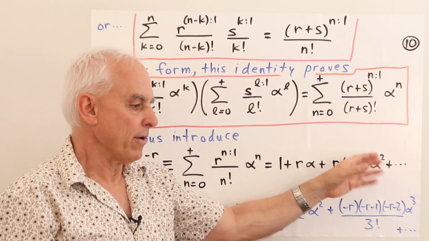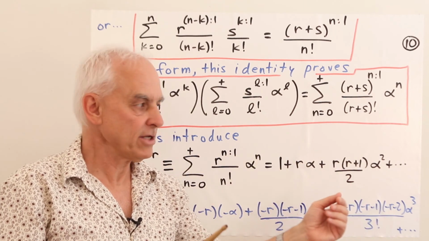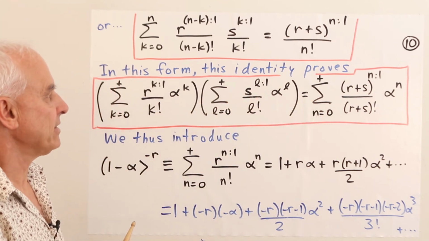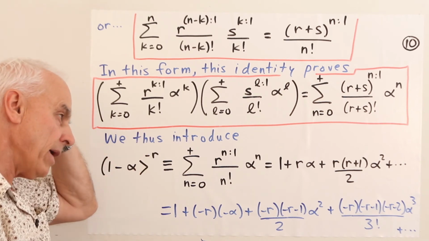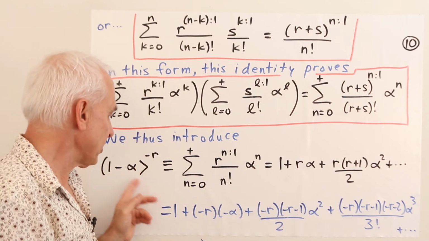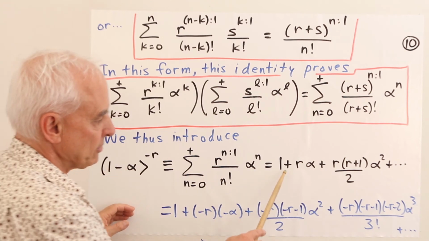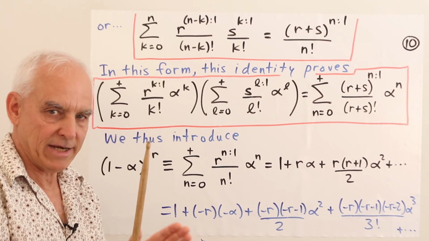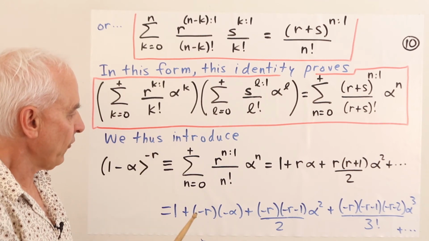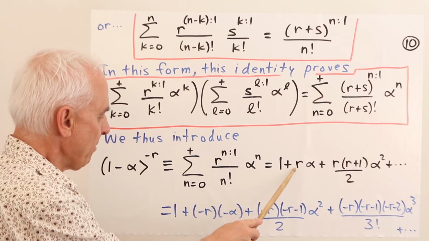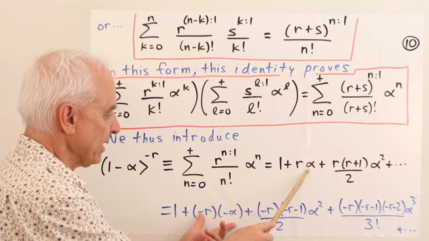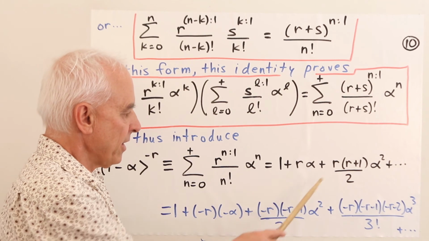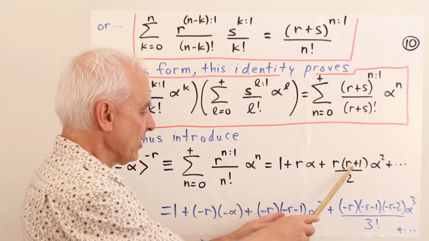So that's our new kind of Pauli series, and it satisfies an identity just like this. And we should give it a name. This is not just pulled out of the hat. I'm just rewriting this using essentially that reciprocal identity that we just looked at. So I'm going to replace the r with minus r and the alpha with minus alpha. That leaves the first term unchanged. Then this becomes minus r, and this becomes minus r minus 1.